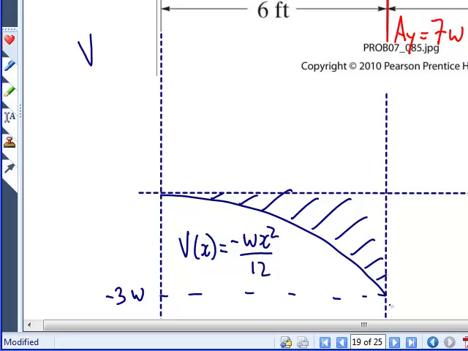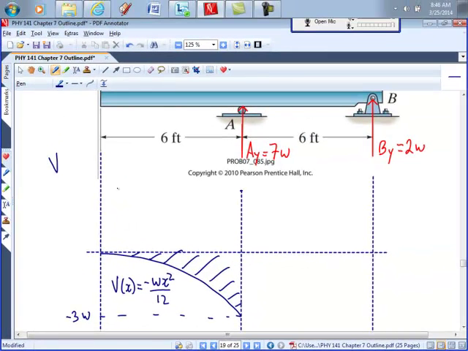All right, so far that's our maximum shear. Then we reach AY. What happens to the shear diagram? It jumps. It jumps up because this is an upward force. Jumps up by 7W. So it goes from minus 3W up to 4W.